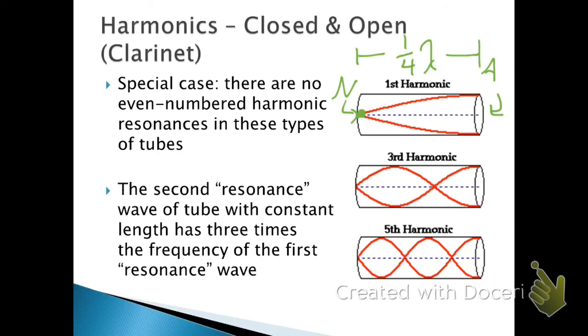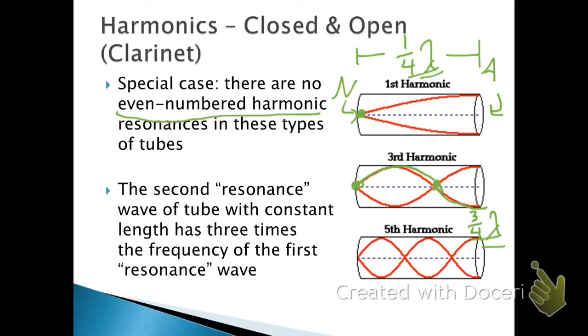The next harmonic up, I would fit, well, there's 1/2 a wavelength and another 1/4. So that'll be 3/4 lambda in there. Now I've not decreased my wavelength by a factor of 2, this time I've done it by a factor of 3. So for this reason, if you've got 1 closed end and 1 open end, you don't get any even-numbered harmonics.